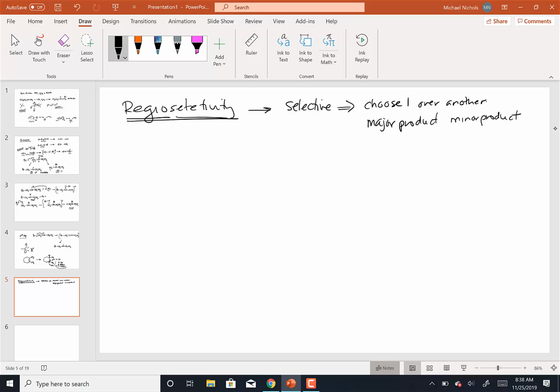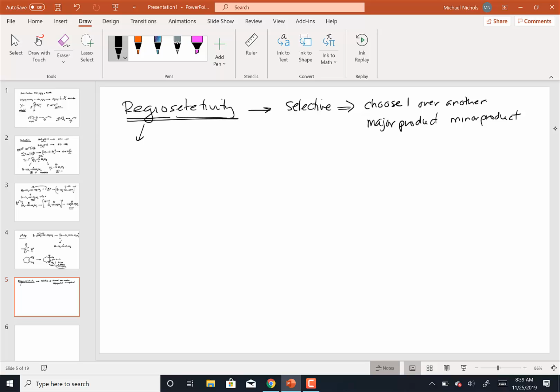The major product is the majority product, but it may also be the exclusive product in terms of selectivity. Okay? And that's gonna be a little tricky because one would think that if a reaction went 100 to 0, there would be another term for that. There isn't. Okay? And then this is going to come into play with the stereoselectivity. But selective means we have more than one product, and one of those is the major product.